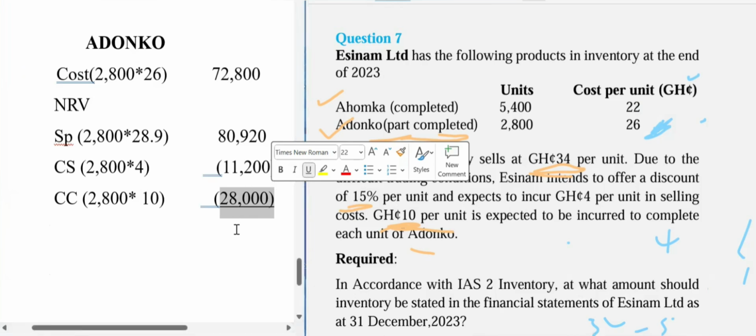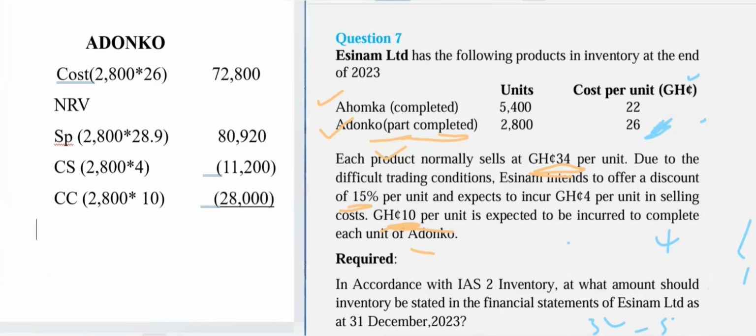So we are going to have 80,920 minus 11,200 minus 28,000. And that gives us 41,720. So this is the NRV. So comparing the NRV with the cost, which value do we use?